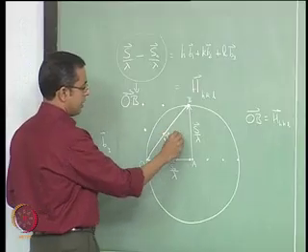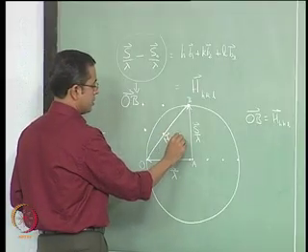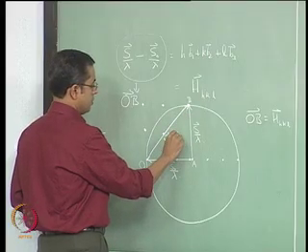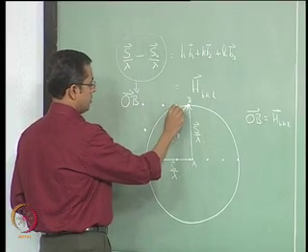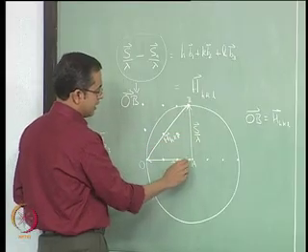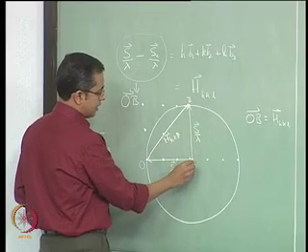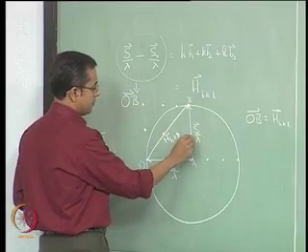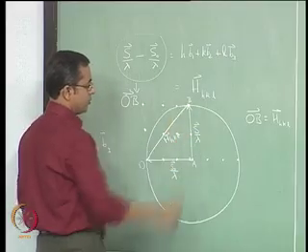Just for convenience sake, we will say that this coincided with the origin, let us not worry about it, because we will get a point there for the purpose of this diagram.